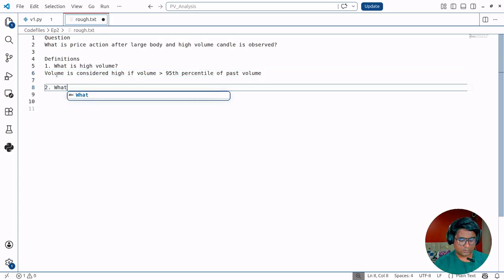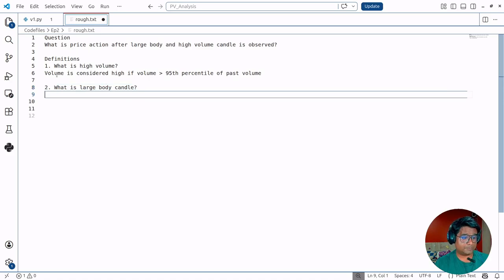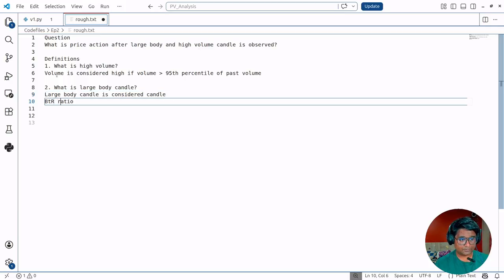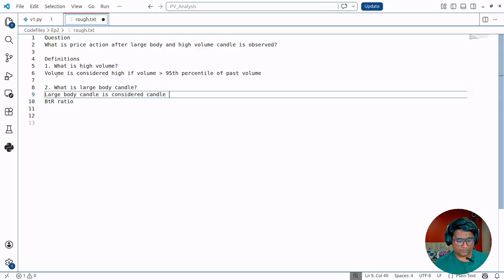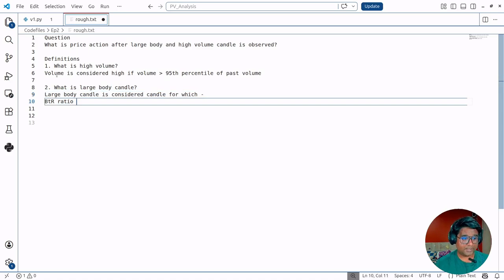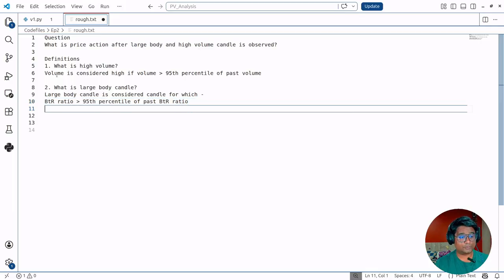Second, what is a large body candle? A large body candle is considered a candle for which the BTR ratio is greater than the 95th percentile of the past BTR ratio.